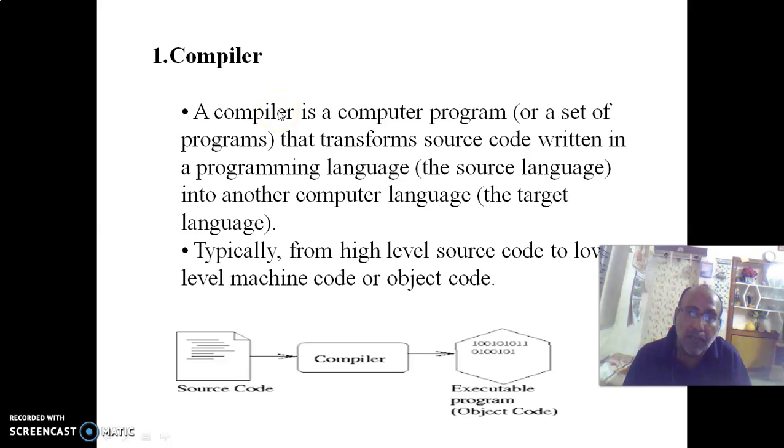Before I discuss the compiler, what exactly will a compiler do? A compiler is a computer program that transforms source code written in a programming language into another computer language. That means it is converting the source language to the target language, typically from high level source code to low level machine code or object code.